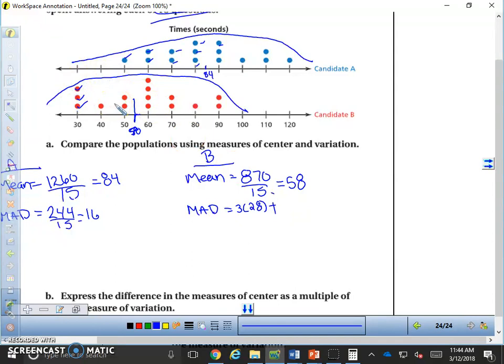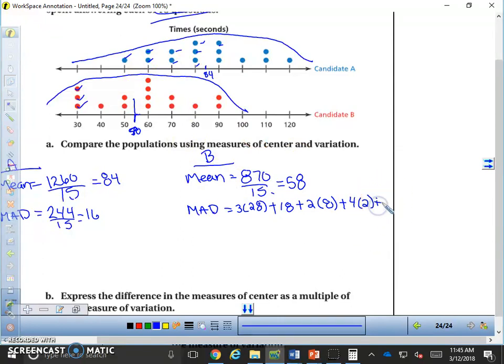40 and 58, the distance is 18. Plus 50 and 58, there's 2 of them, and the distance is 8. Plus 60 and 58, the distance is 2, and there are 4 of them.